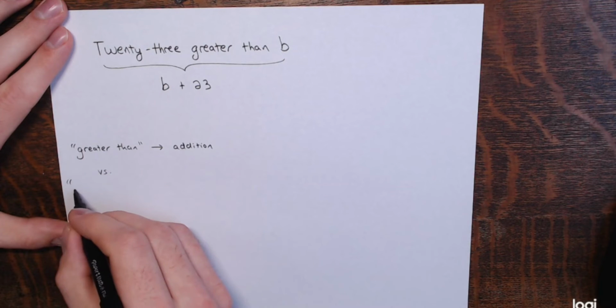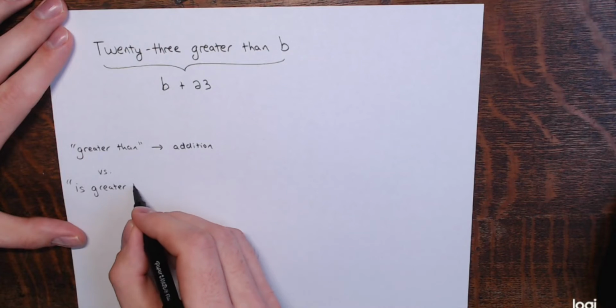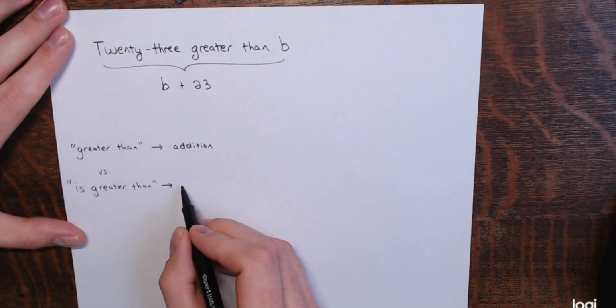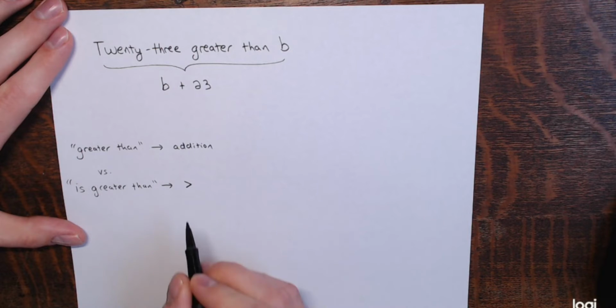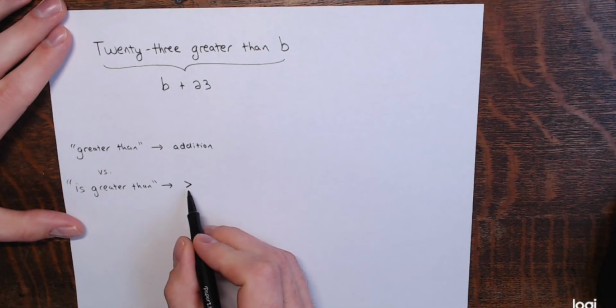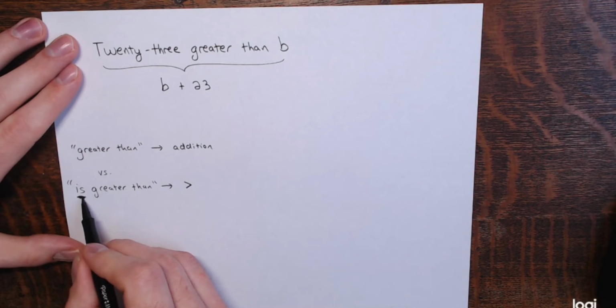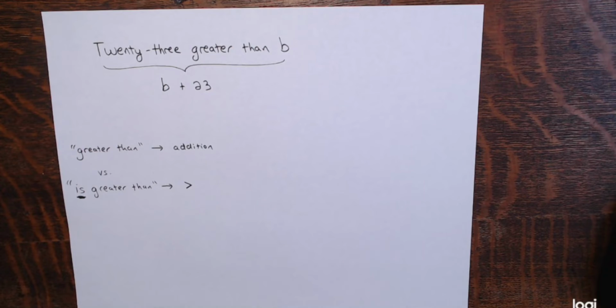Versus, is greater than. Is greater than means the greater than symbol, because of the verb. It's just like the equal sign earlier in chapter 2 when we were translating sentences into equations.